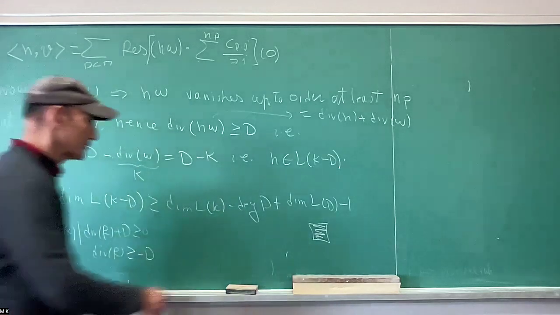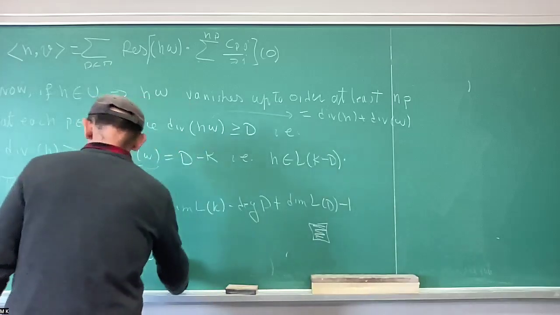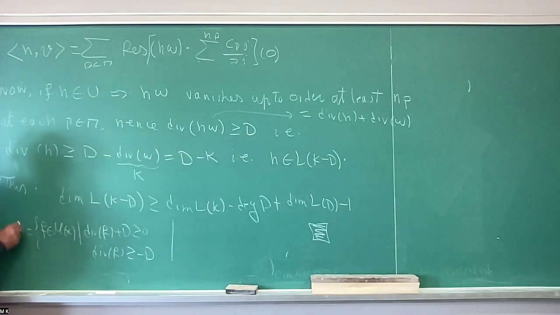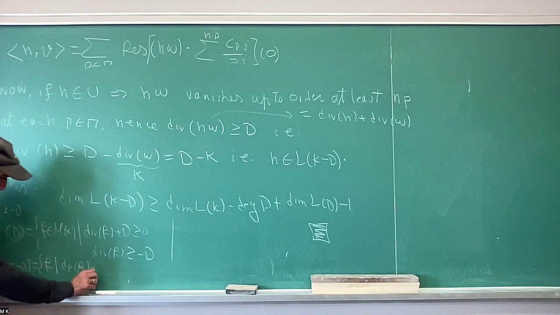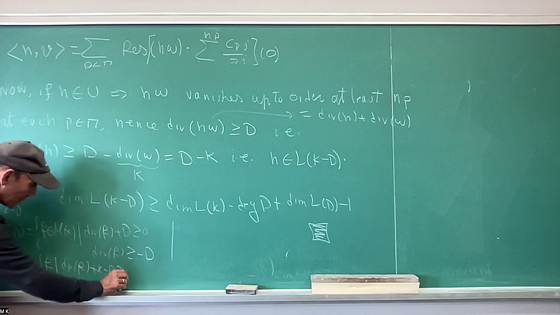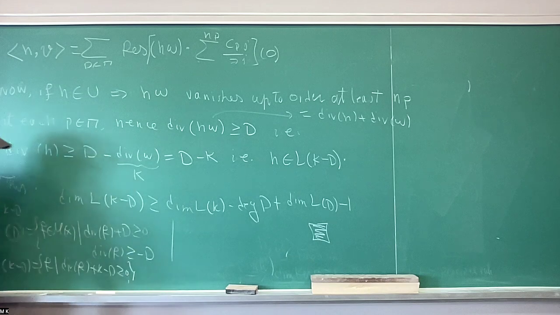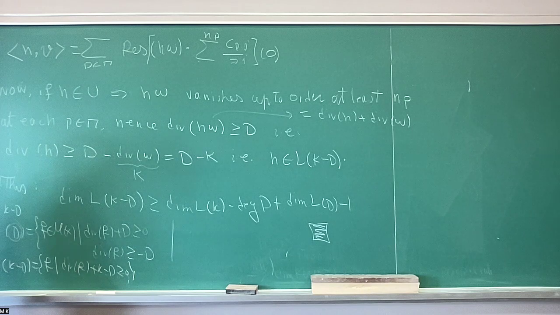L of K minus D is very easy. Just put K minus D in place of D. So L of K minus D is the set of all F such that divisor of F plus K minus D is bigger than or equal to 0. When you bring it to the other side, it becomes D minus K.